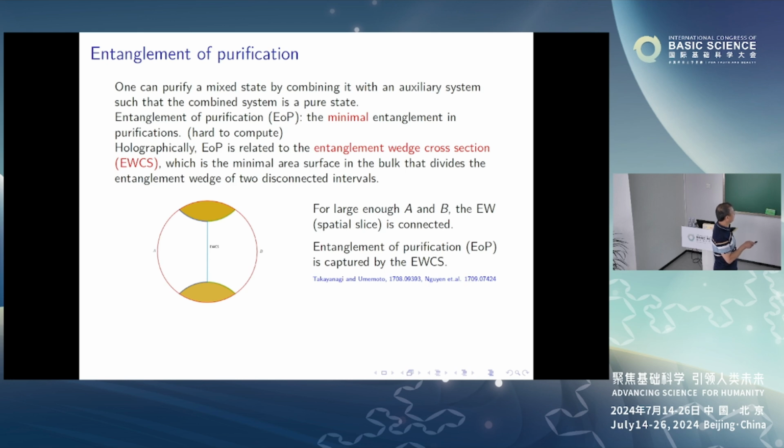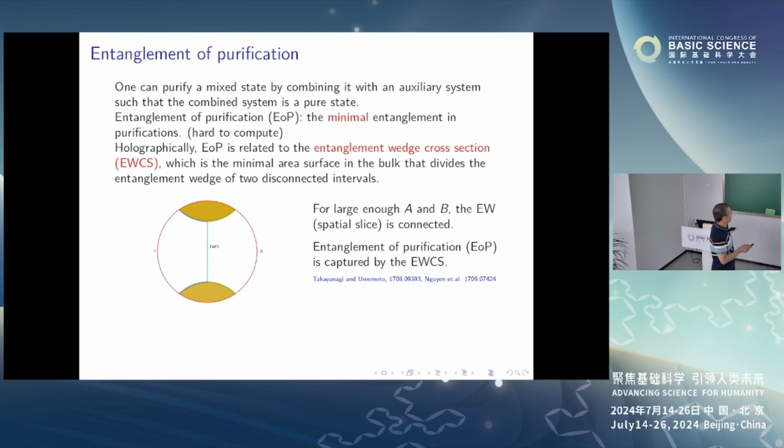This figure is just a simple time slice, not the whole system. Since we are tracing over the degrees of freedom in this arc and this arc, A and B are now in a mixed state, and we need a purification.